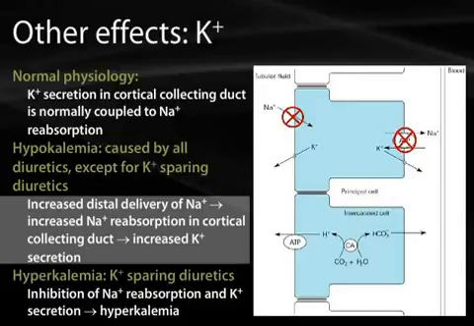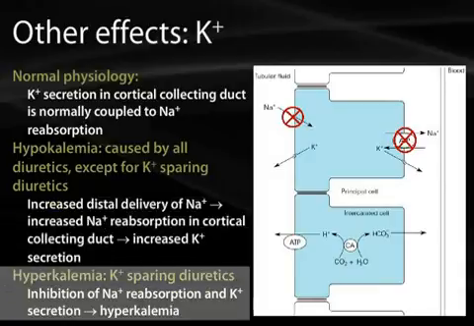This leads to increased sodium reabsorption in the cortical collecting duct, which leads to increased potassium secretion. In contrast, diuretics that act on the sodium channel in the collecting duct will lead to hyperkalemia, in that this is otherwise the mechanism where urinary potassium excretion can be increased.